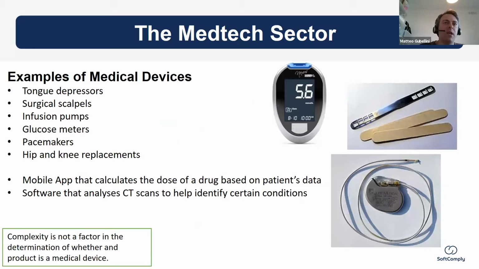The complexity is not something that you have to take into account to determine whether something is a medical device. It could be as simple as a tongue depressor, as complex as a pacemaker. It depends simply and solely on the definition. It depends on what it is intended to do. And it's just the intended use that determines if something is a medical device or not.